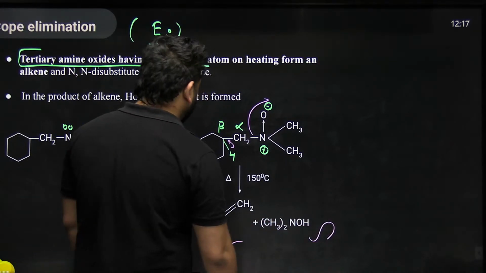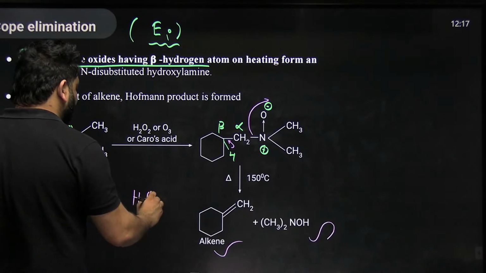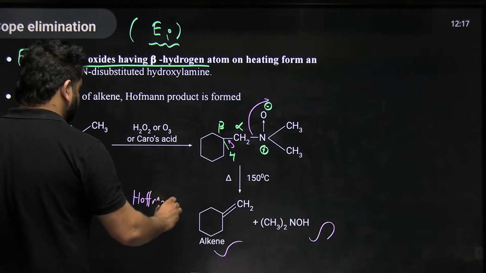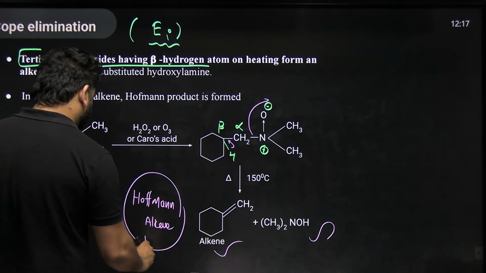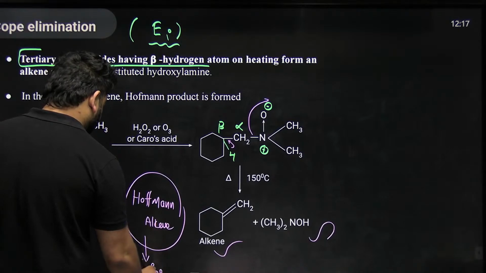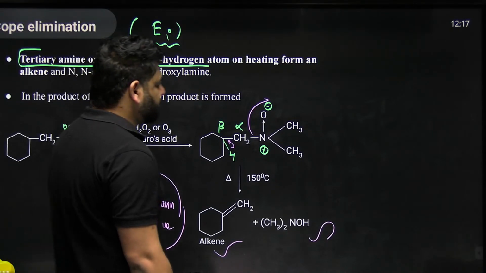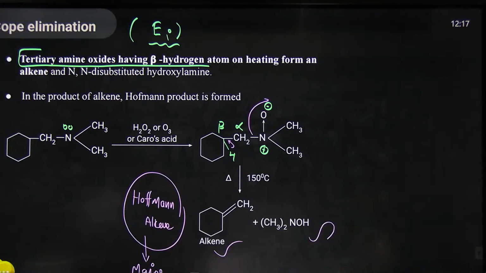Alkene is formed as well, but always think that if it gives you the Hoffmann alkene, the Hoffmann alkene is the major one, even if there is a possibility of a more substituted alkene that can be formed using the given R groups connected with nitrogen in the tertiary amine.